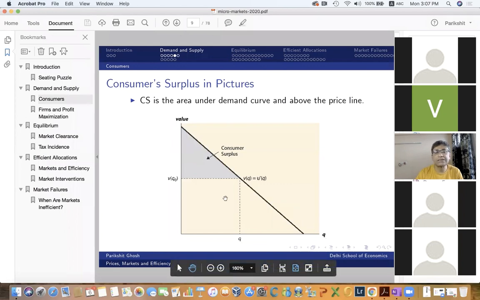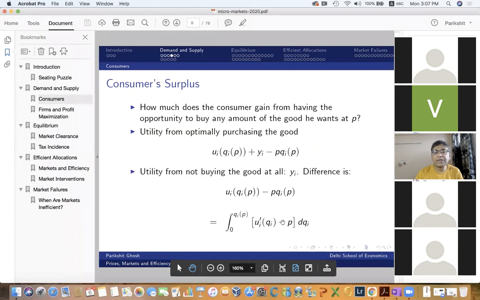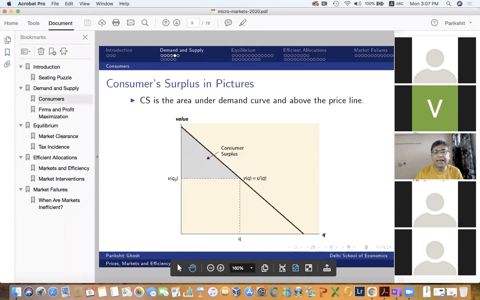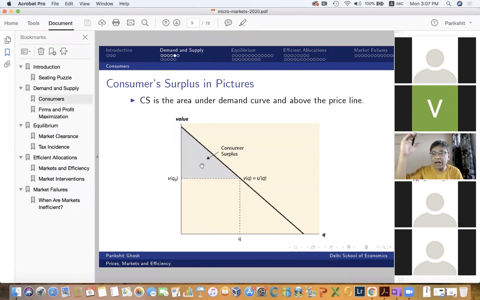There's quantity on this axis. So that formula in the previous page is telling us we should really look at the gap between the marginal utility curve or the demand curve and the price line up to the quantity that the consumer buys. And that means this area, the area included under the demand curve and above the price line up to the relevant point. This is what is called consumer surplus.